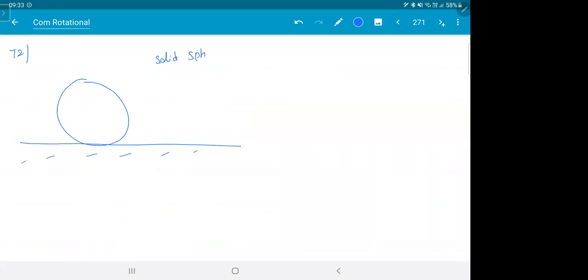Solid sphere of mass M and radius R. You are applying a force F here at a height of R by 2. There is no slipping. It is rough.